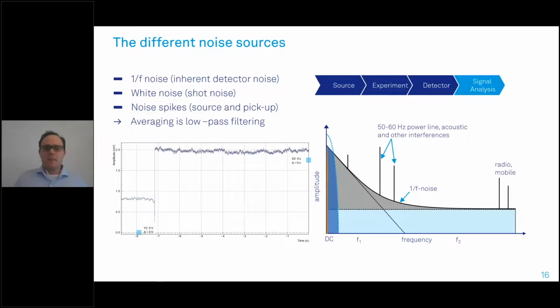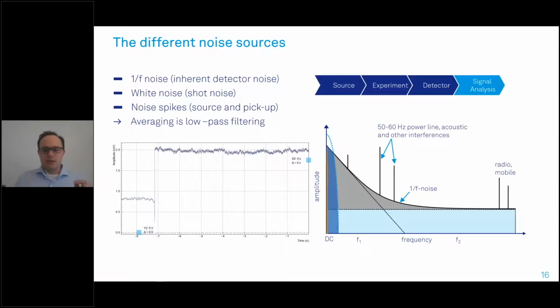Still, your goal should always be that you're above the signal input noise, for example, with your inherent detector noise, or ideally you aim for a shot noise limited, so a quantum limited measurement, because then you cannot go any better. And then the signal input noise may not be the dominating noise in your application. This is what you should for sure aim for.